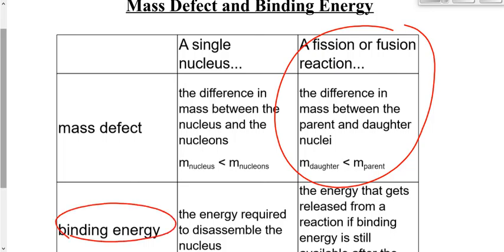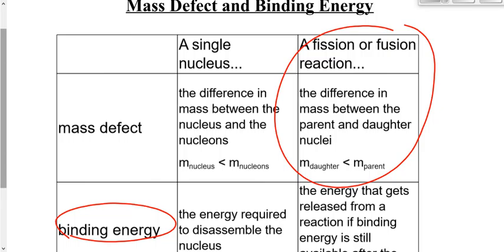But in the context of a single nucleus, it gets even more confusing. Just when we think we get the idea of losing mass in a reaction and generating energy in a reaction, we start talking about individual nuclei, and we see that if we add up the mass of all the pieces inside the nucleus, it doesn't equal the mass of the nucleus itself.